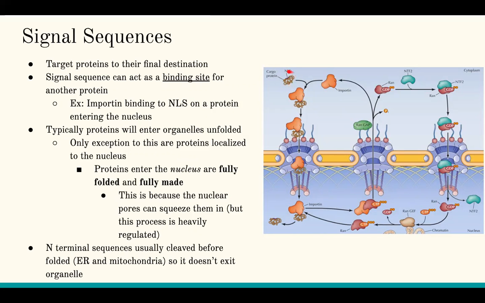So that whole thing is like a chunk of protein. It does not unfold at all or unravel or enter like a strand the way it does in the ER and mitochondria. So the protein has to get fully folded and fully created, synthesized in the cytoplasm first before it is recognized by importin and pulled into the nucleus.